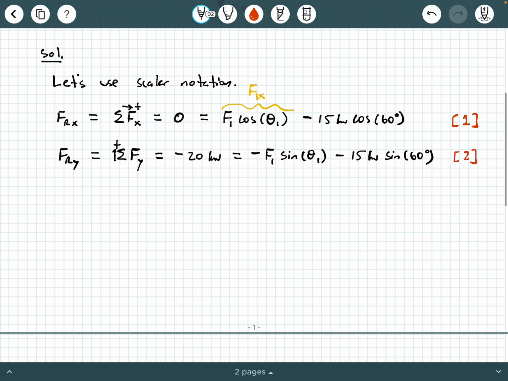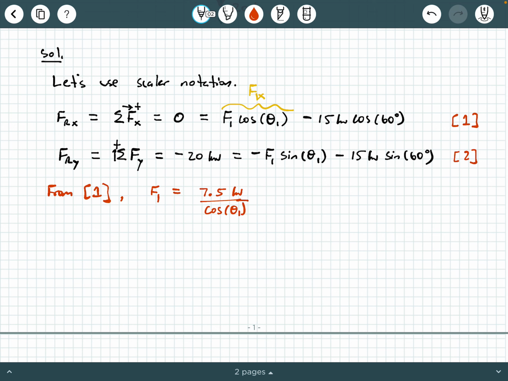And then I'm going to say from equation 1, I'm going to take this equation 1 and do a little bit of rearranging here. From equation 1, F1 is going to be equal to 7.5 kilonewtons divided by cosine theta 1.